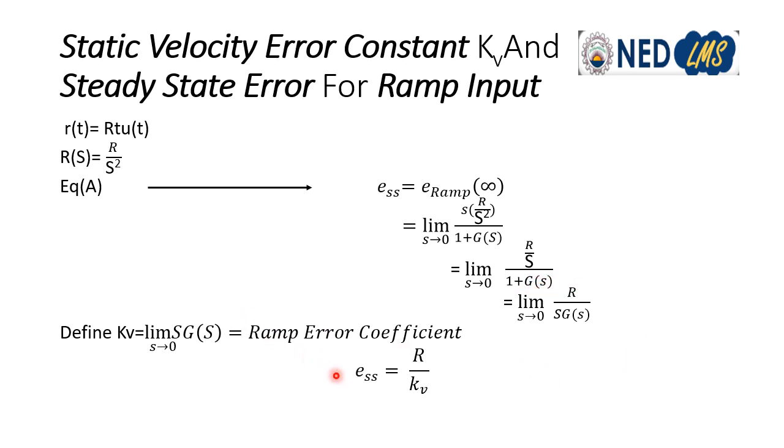Then we define the ramp error coefficient: e steady state equals R upon Kv, where Kv is defined as limit s tends to 0 of s G of s. So this value is defined as Kv, or the ramp error coefficient, and then the steady state error will become R upon Kv.